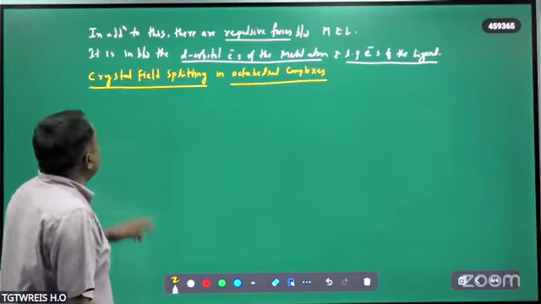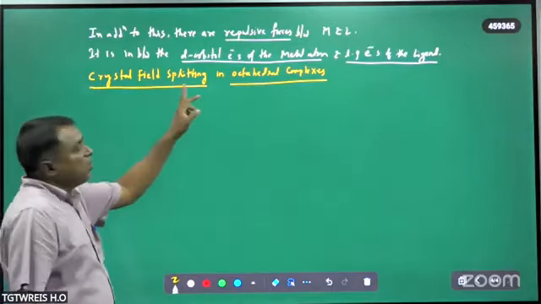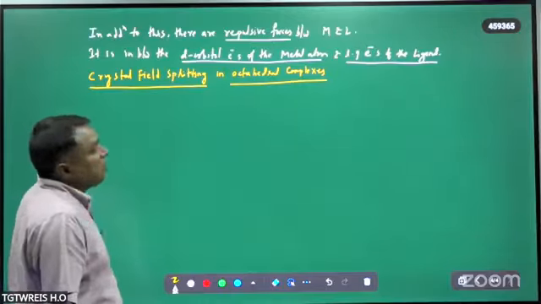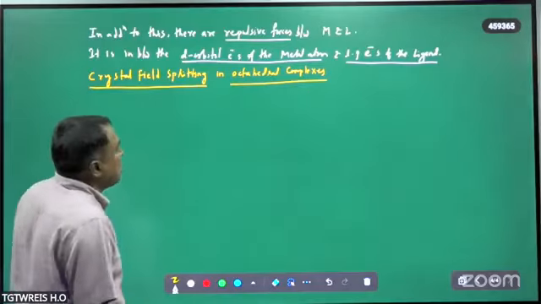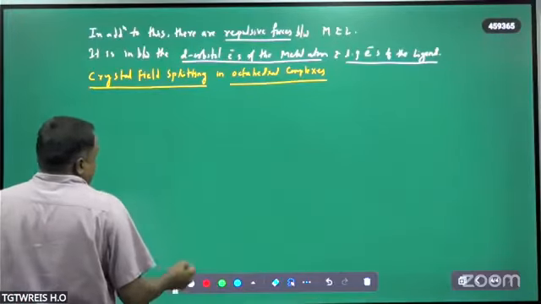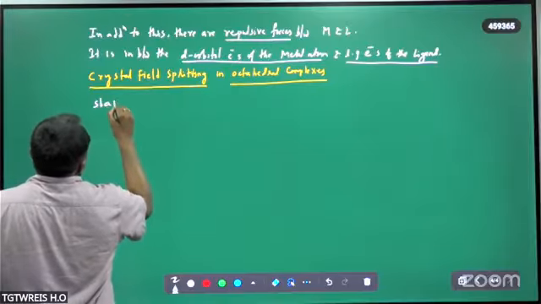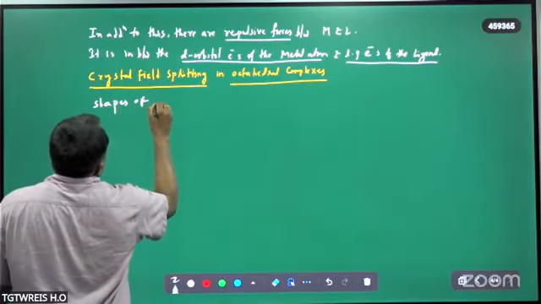Crystal field splitting in octahedral complexes. Before we discuss this, first you have to know the shapes or geometries of the d orbitals.